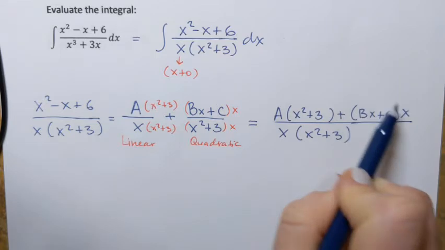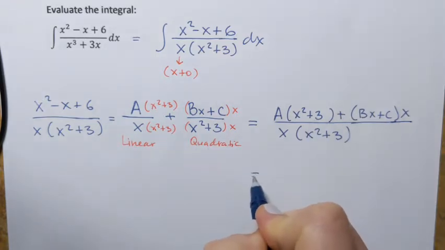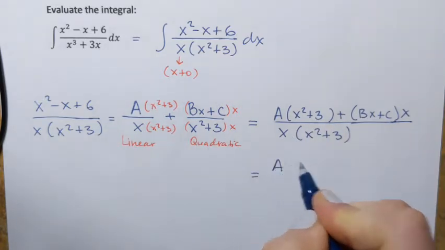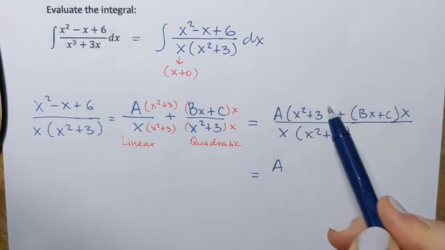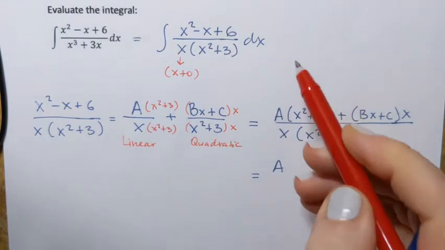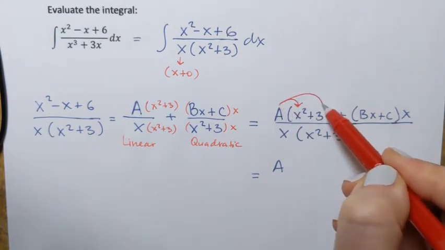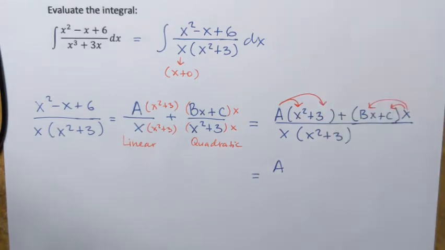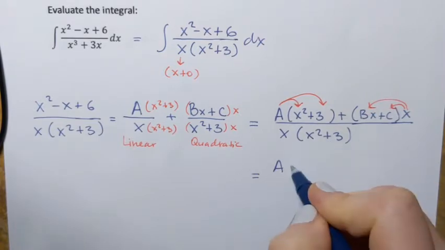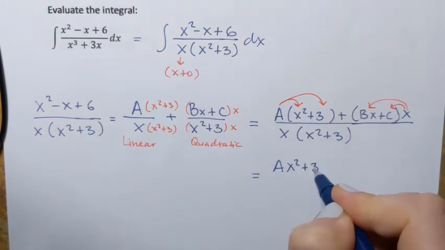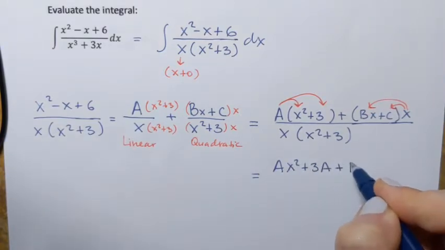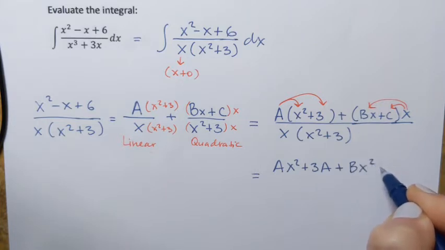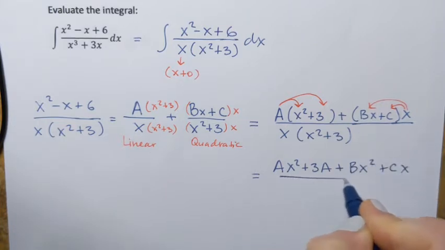Now I'm going to simplify the numerator by distributing a and by distributing x. Let's see. It's ax squared plus 3a plus bx squared plus cx, right?